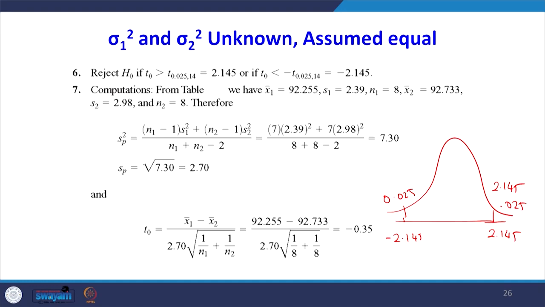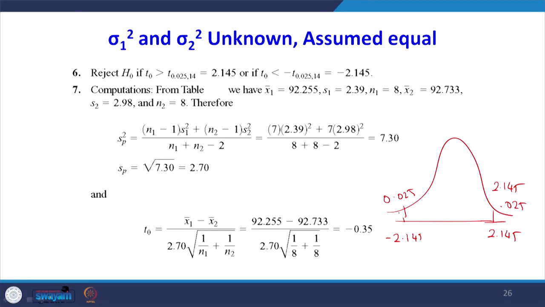First we find the pooled variance using the formula n1 minus 1 s1 square plus n2 minus 1 s2 square, divided by n1 plus n2 minus 2. After substituting, we get 7.30. Taking the square root gives the standard deviation, 2.70. Using this in the t formula, we get minus 0.35.